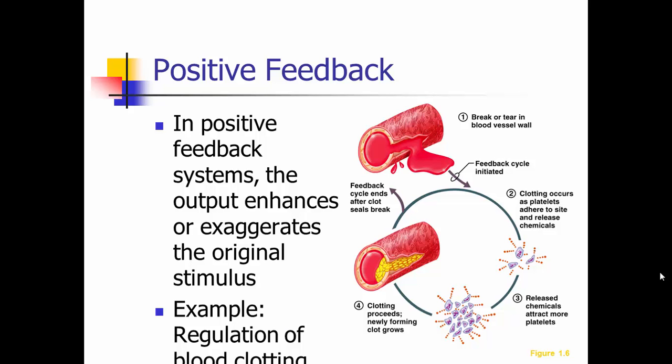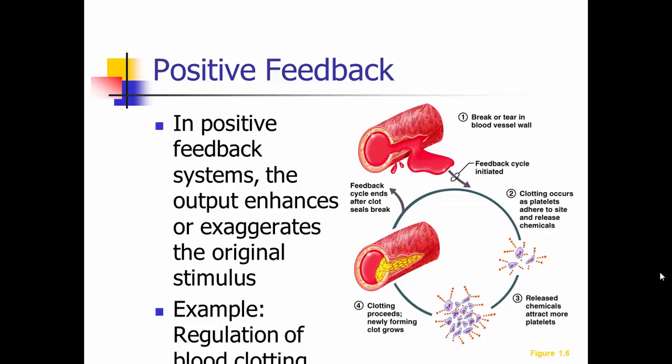Now, positive feedback is the exact opposite of negative feedback. We don't have any true positive feedback mechanisms in our body, but we do have some temporary positive feedback loops. And what a positive feedback loop does, instead of trying to turn off or change whatever is happening, it is going to continue to exaggerate that change.